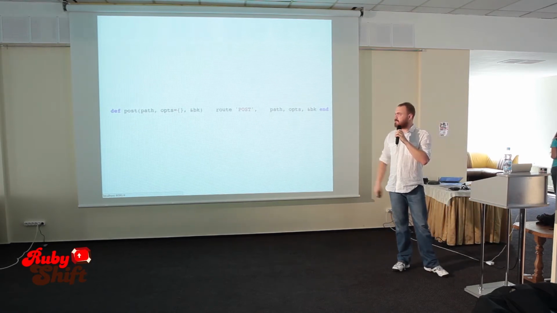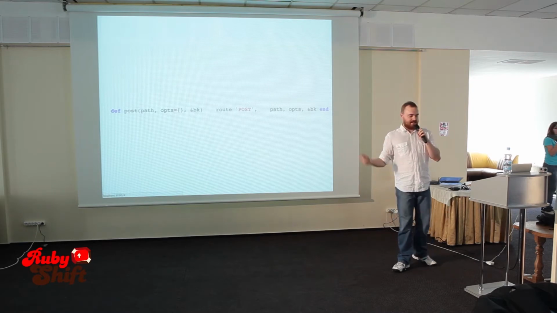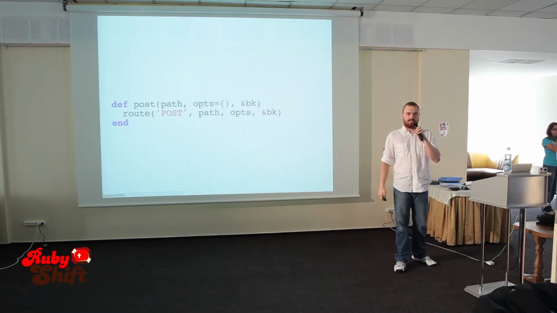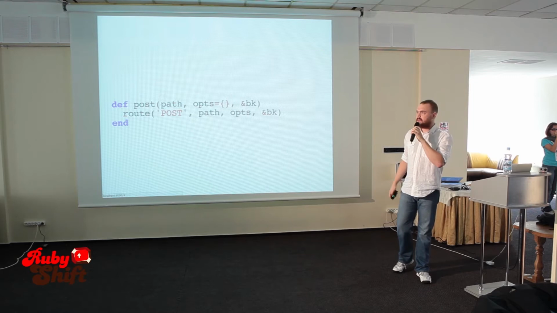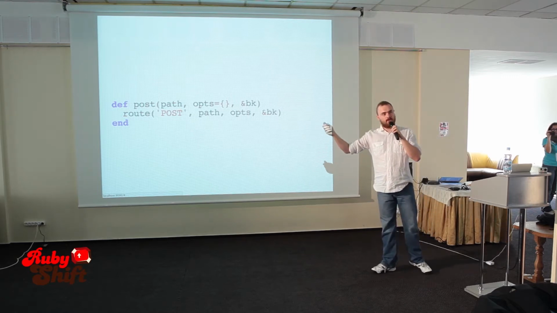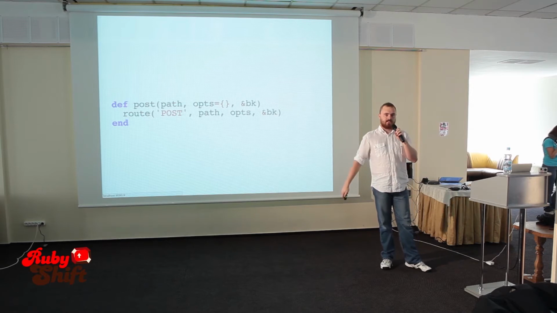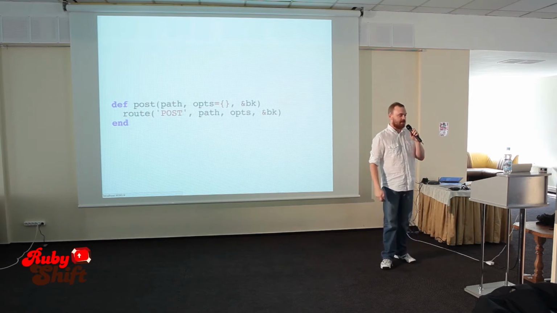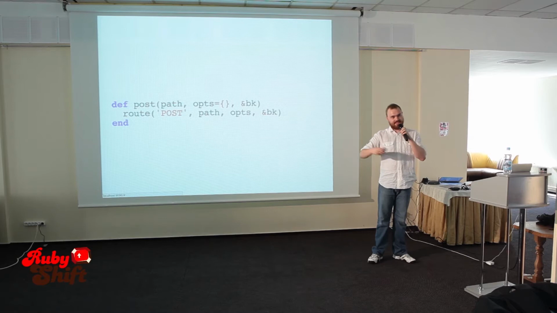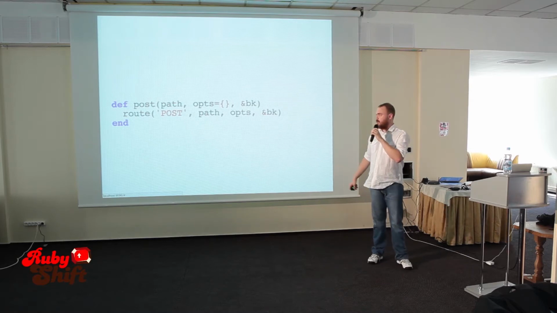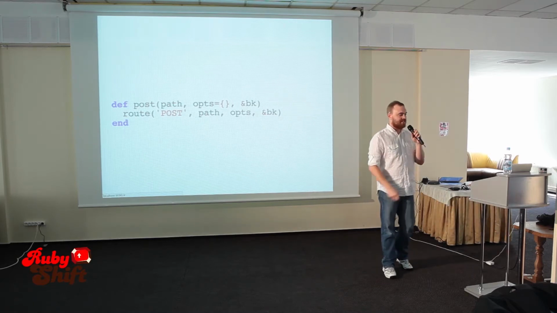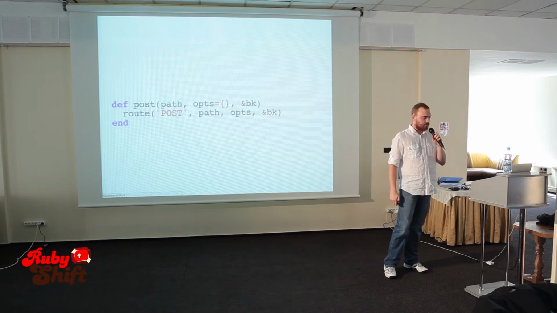Let's take post, and it's hard to read like this, so maybe we'll write it in the normal way. When you call a post, you are just calling a method called root with argument post, and you're passing path, options and so on. If you call get, the same thing is happening.